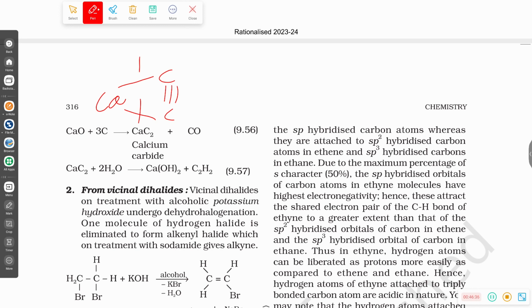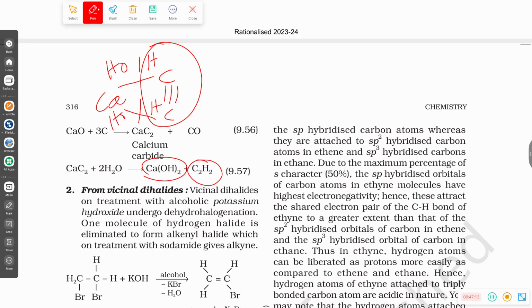So here, calcium carbide with OH, H, H. Bond breaking, what will form? Ethyne. Here calcium hydroxide. Understood? Calcium hydroxide and ethyne form. Simple. But how to obtain calcium carbide? Quicklime reacts with carbon. How to obtain calcium oxide, quicklime? Limestone heating. Like that.